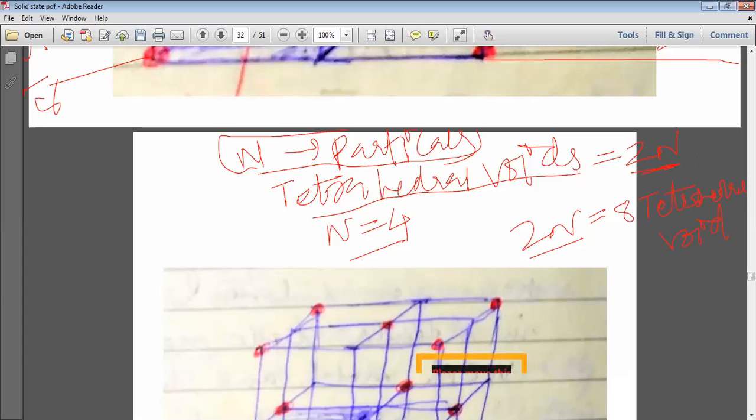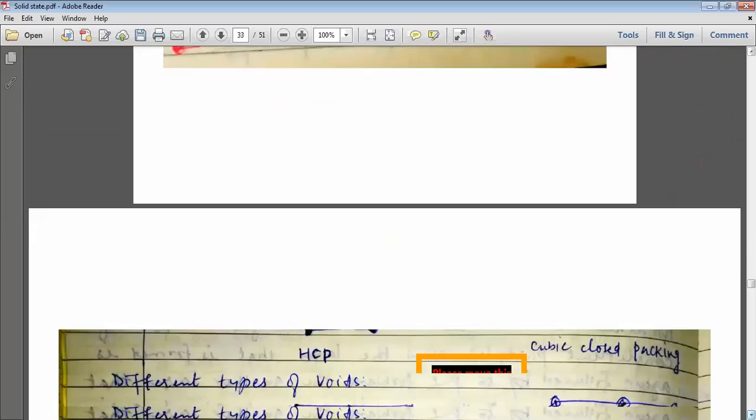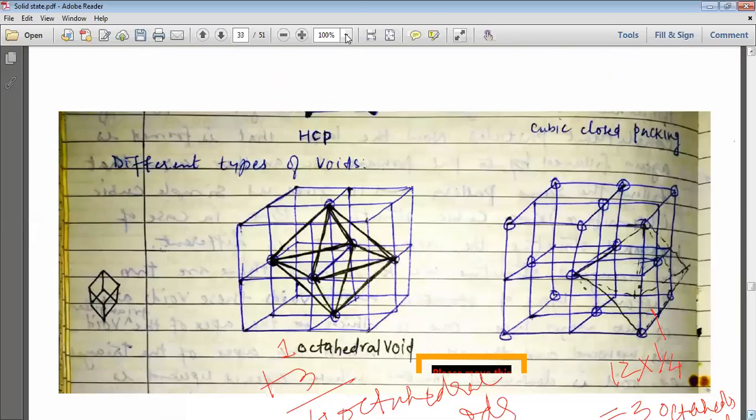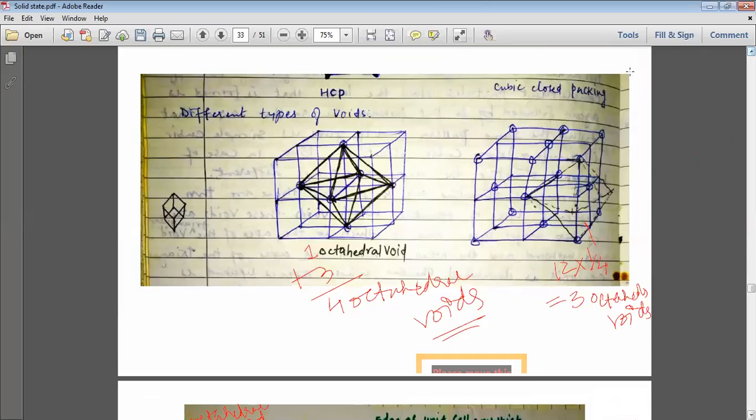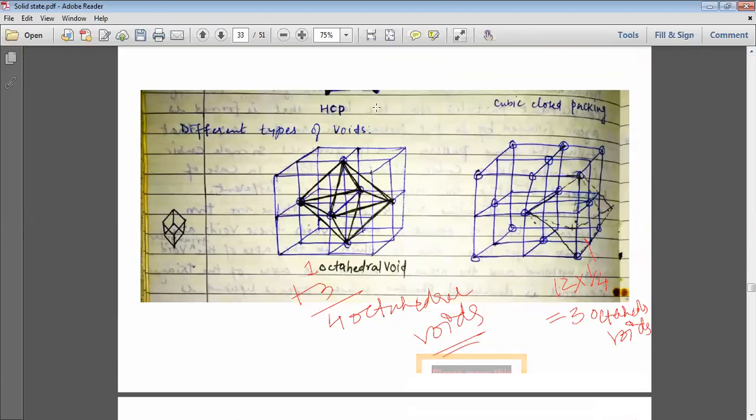Now when n is equal to 4, we have 4 particles arranged.